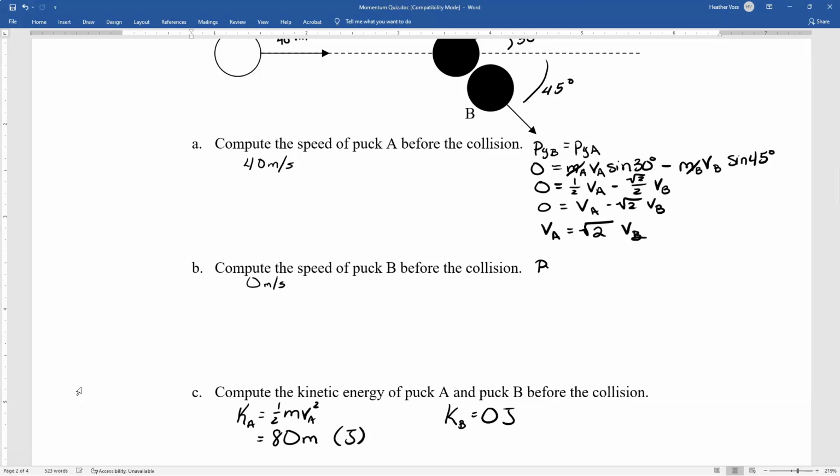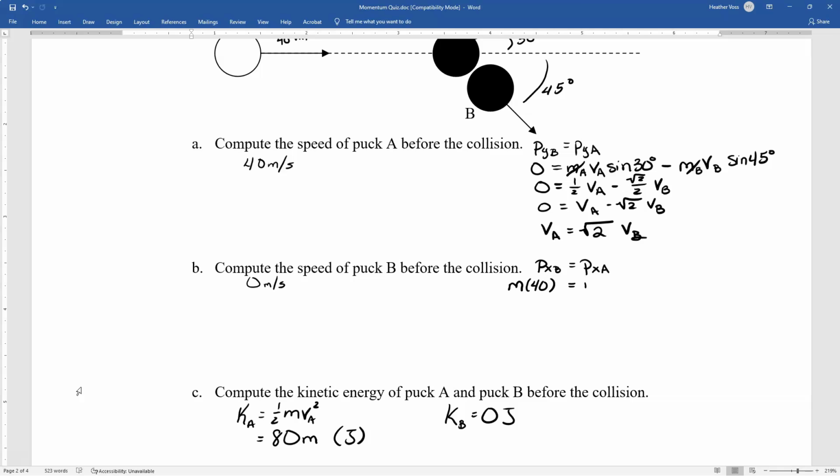Momentum in the x direction before is going to equal the momentum in the x direction after. So what we've got, momentum in the x direction, that's going to be mass of A times that 40 plus mass of B times 0.